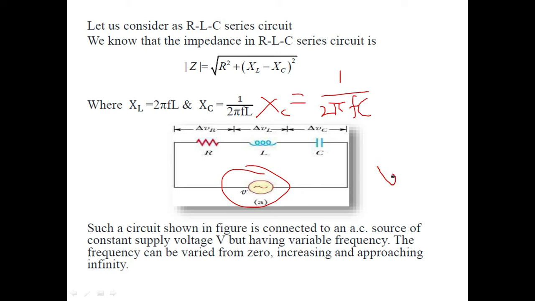This means the voltage V is constant, but the operating frequency F will vary. The frequency can be varied from 0, increasing and approaching infinity.